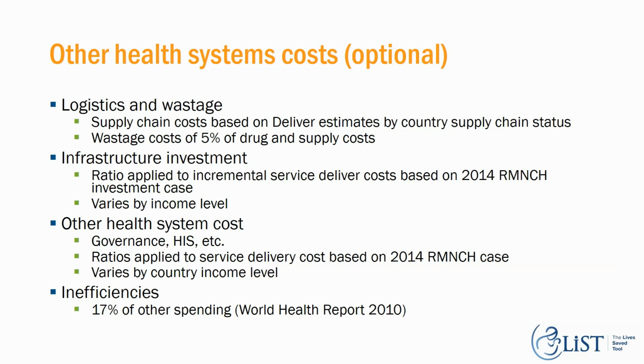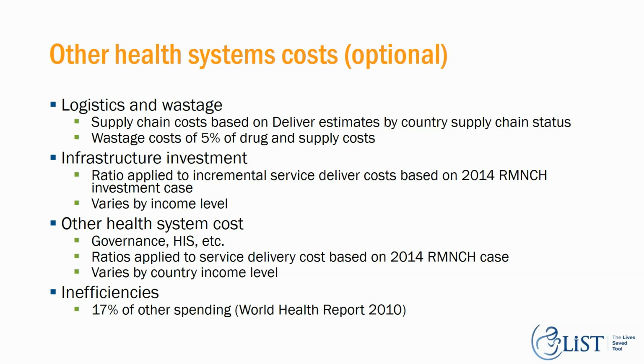And so that wastage is coming from vaccines not being kept cold. It's coming from medication expiring. It's just coming from all of the wastage that's associated with these large supply chains that we have for getting the commodities from the place that they're created to the place where they're actually used.